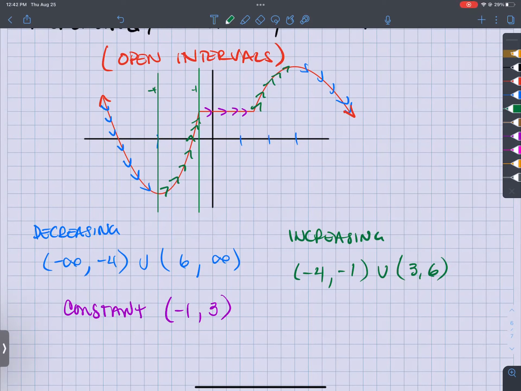I see all the increasing, all the decreasing, everything. But if I only open the window this way, which is my x values, then I can only see bits and pieces of that graph. So that should remind me that it's only x values that I'm looking at and never y values. Does that help? Okay.